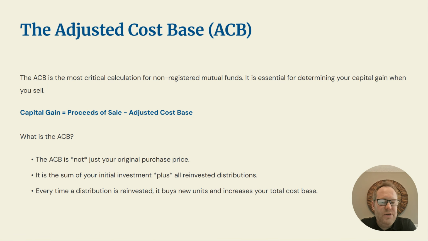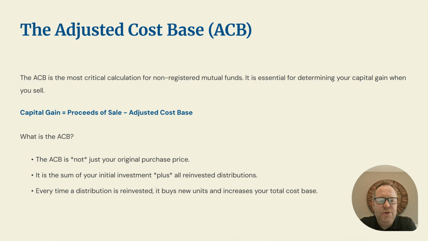Adjusted cost base, I used that term in the previous screen. What we mean by that is the adjusted cost base is the most critical calculation for non-registered mutual funds. It's essentially for determining your capital gain when you sell. So if you think about investing $1,000 into a mutual fund that you later sell for $2,000. $1,000 is your initial investment, but there is a calculation that must be done to that initial investment to get your adjusted cost base.